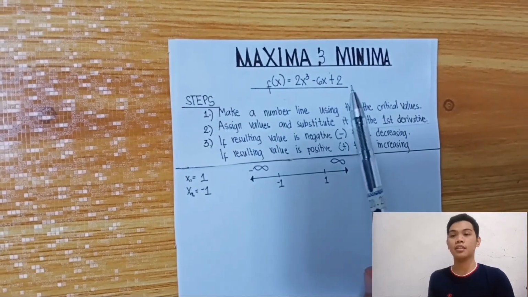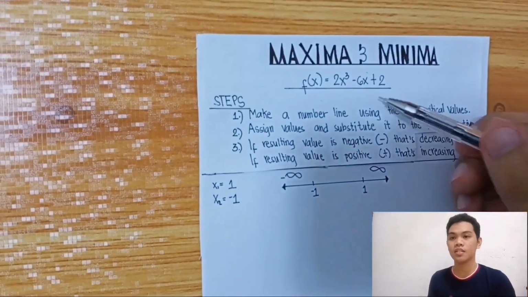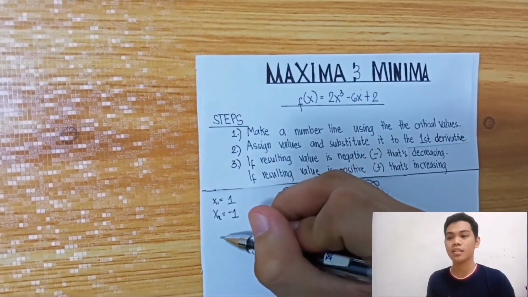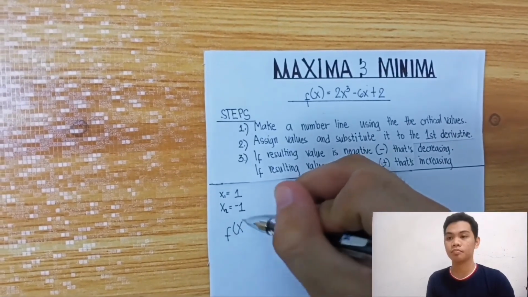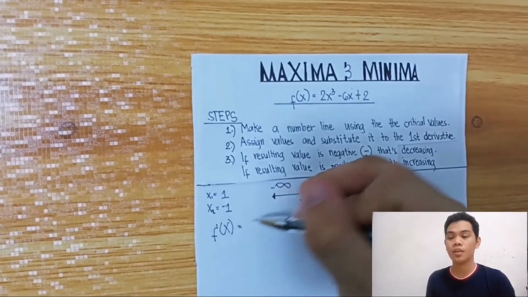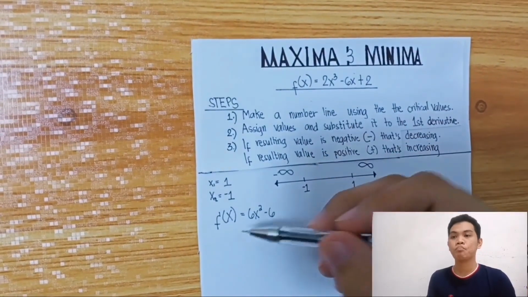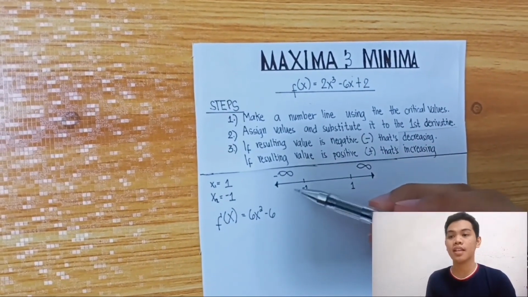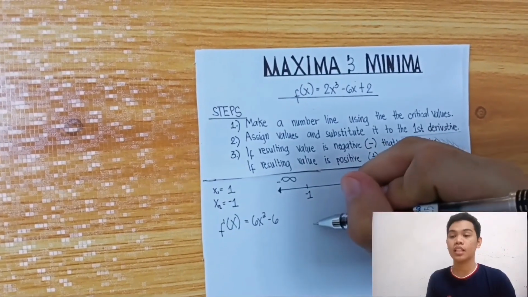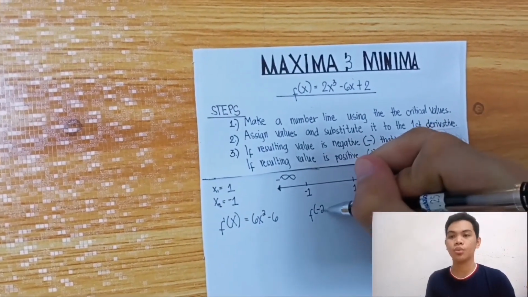So we need to get the first derivative of our function again. So f prime of x is equal to 6x squared minus 6. Then we assign a value in this area, so let's say negative 2.